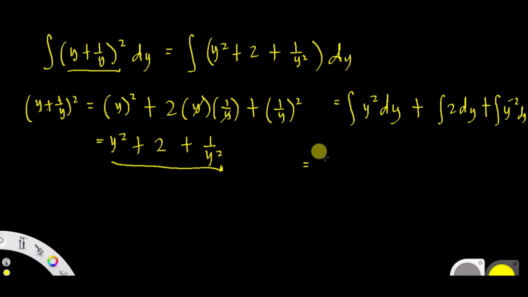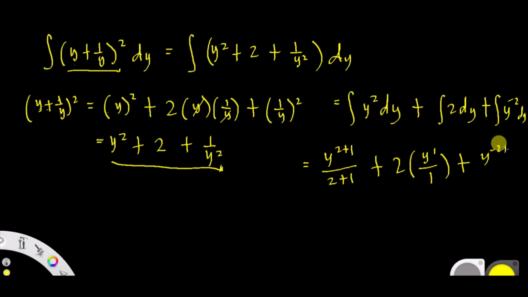So meron tayo dito makukuha ang y raised to 2 plus 1 divided by 2 plus 1 plus 2 times the quantity y raised to 0. So that's 1 over 1 plus y raised to negative 2 plus 1 over negative 2 plus 1 and then plus c.